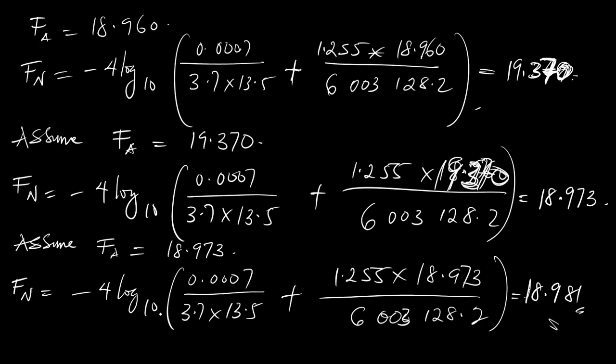So this should be our final value for f, since Fn is roughly equal to Fa. So our f will now be 18.981.